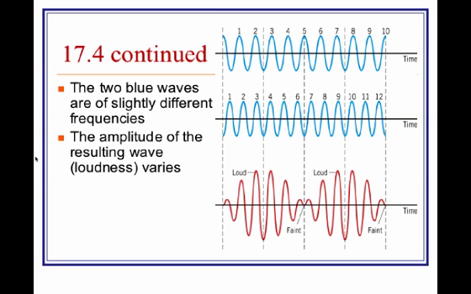So here's a drawing that shows two different frequencies. Let's say that the dashed vertical lines each represent 1 second. The top frequency would be 2.5 hertz. The bottom blue one would have a frequency of 3 hertz.